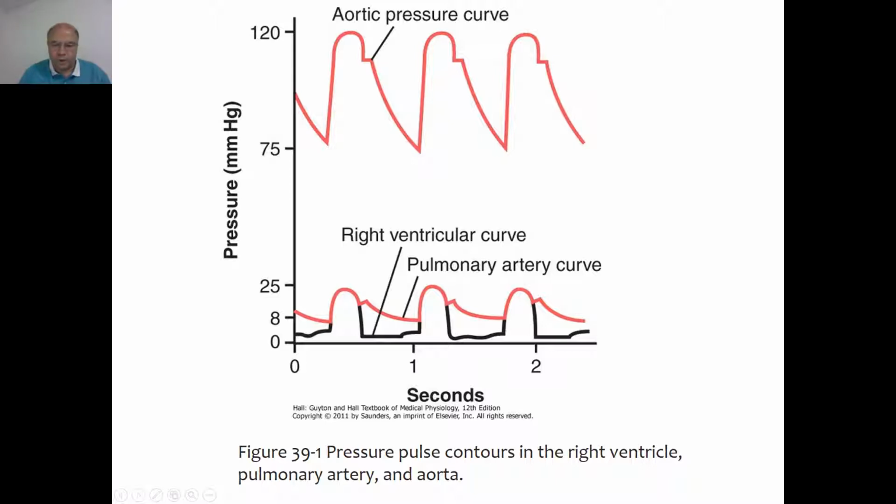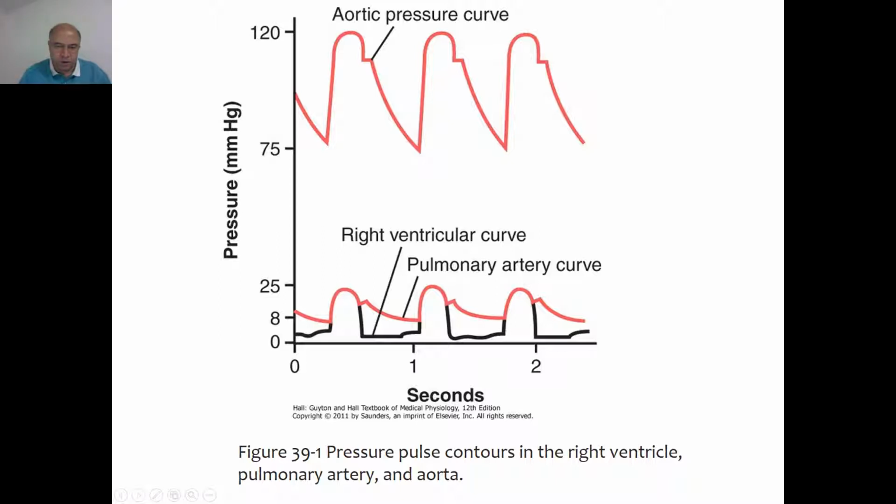It's about 20 millimeters of mercury or so, and it is about 100-120 millimeters of mercury or so in the systemic circulation. You see here the right ventricular pressure and pulmonary artery pressure.